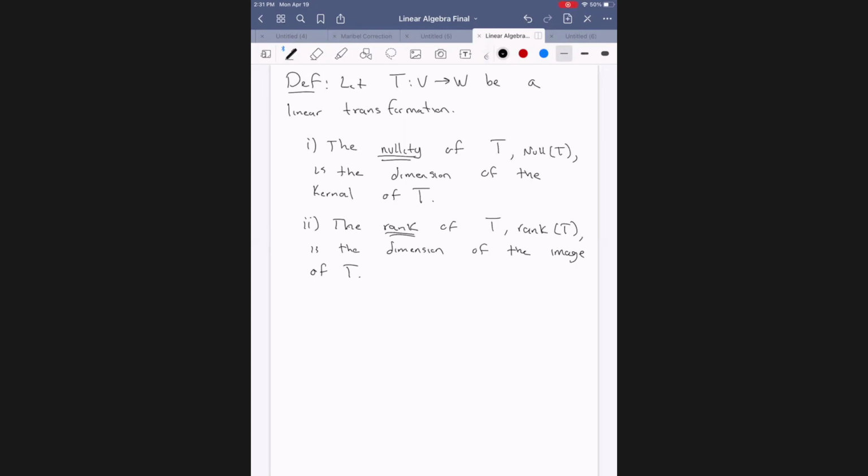And in a similar way, we have a rank-nullity theorem for it.